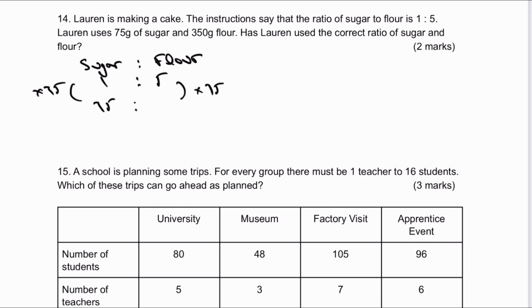So actually, calculating this out, she should be using 375 grams of flour, but unfortunately, she's only used 350. So it is not the correct ratio, or not the correct amount, rather.